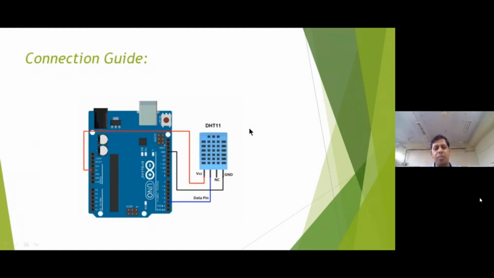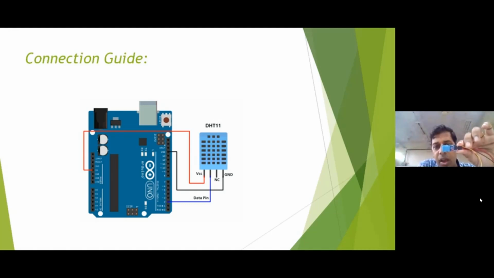So this is the simple connection. Some DHT sensors consist of 4 pins, some are connected with 3 pins. When you operate this device, you have to connect it to the power supply. The red one is the VCC supply of the DHT11, so we can connect it to 5 volt.